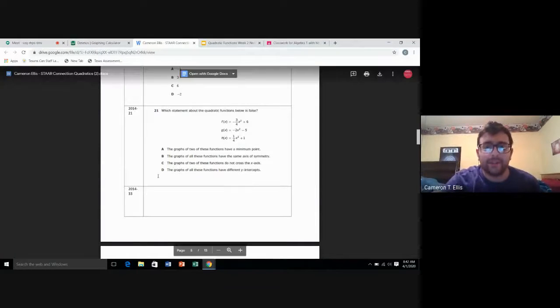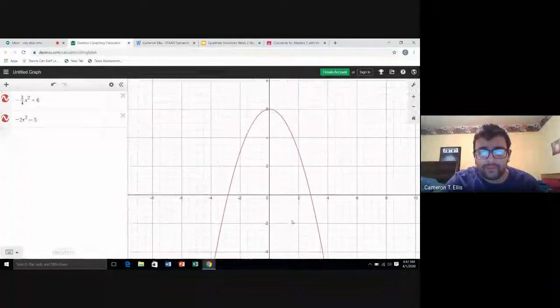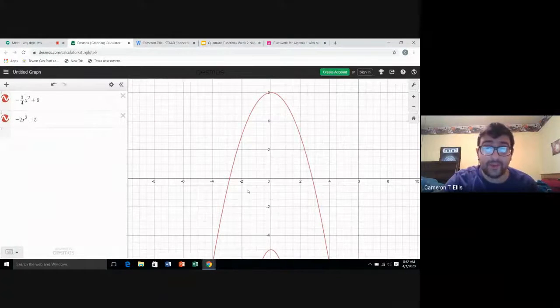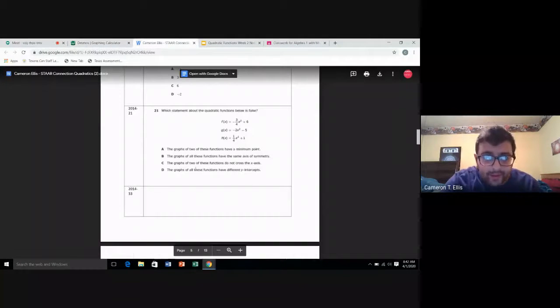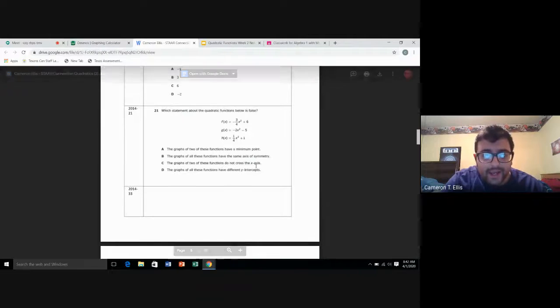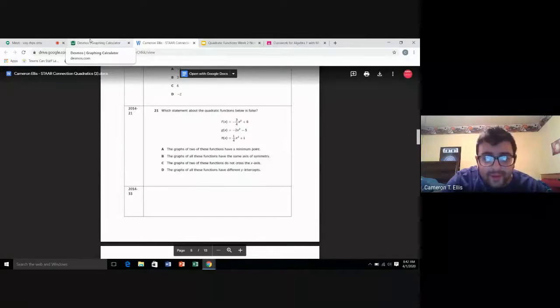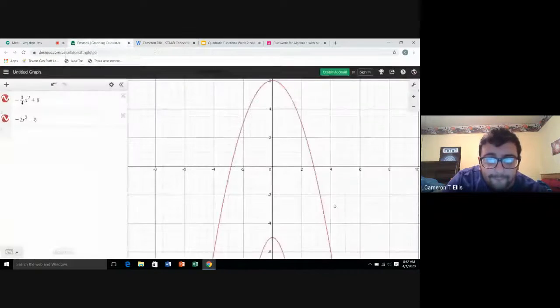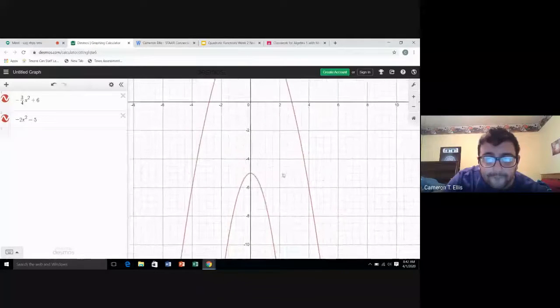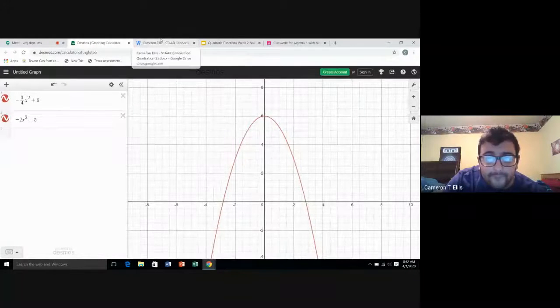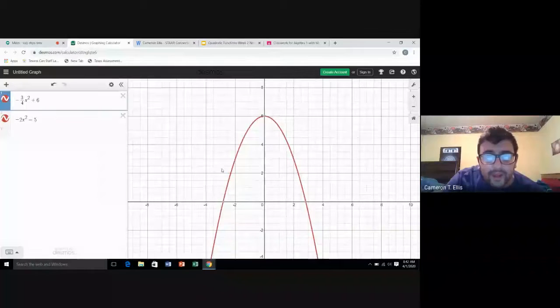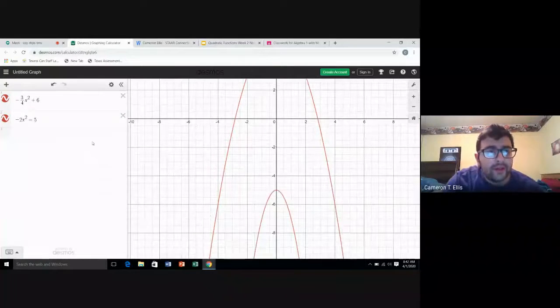Definitely don't have the same axis of symmetry. Well, actually, no, they do. They do have the same axis, see? Because it would go down, right? Do not cross the x-axis. And I think that's true as well.